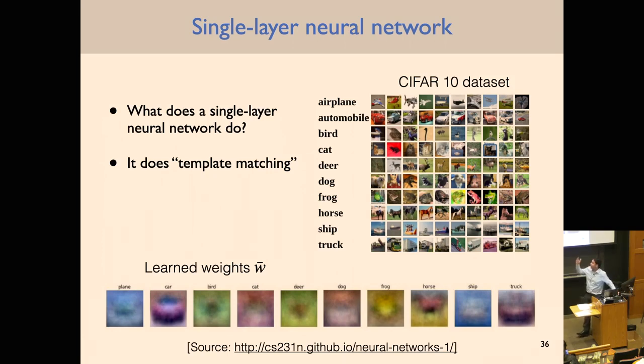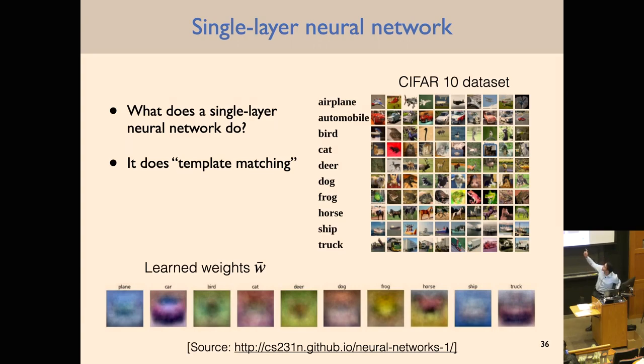What we're doing when we do this dot product calculation is just seeing how similar the input X is to the weight image W.